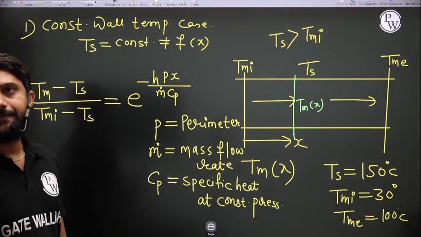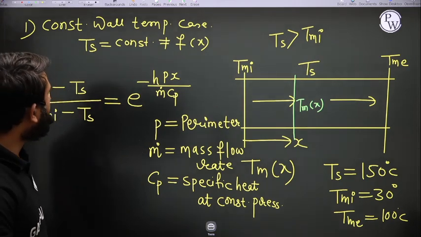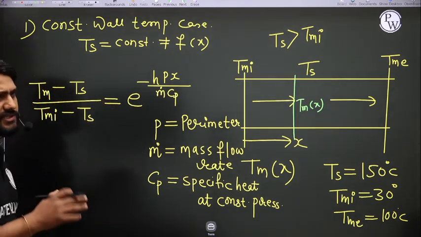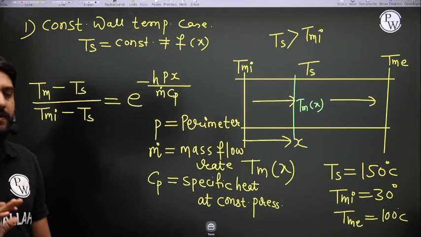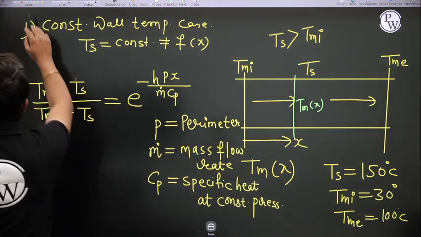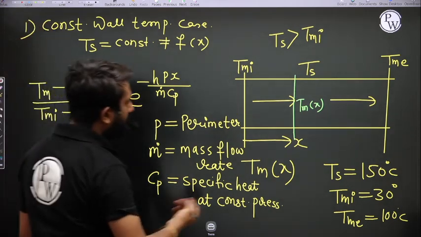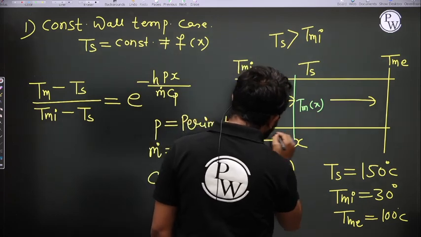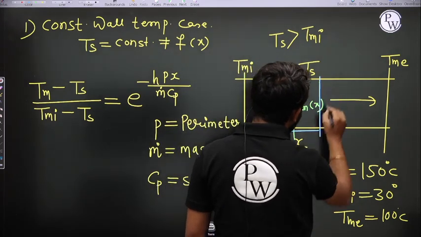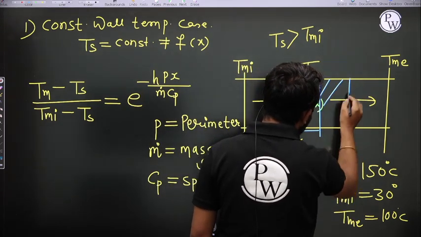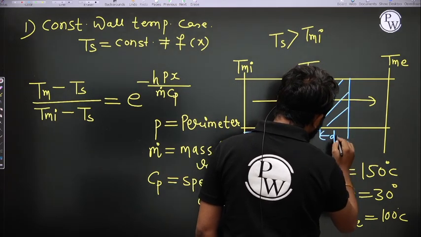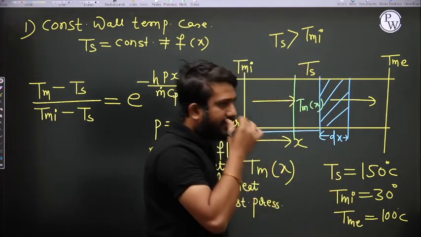Is it clear? And how are you getting this mathematical expression? This is simply from energy balance. I'm considering a small element at a distance x. This is the small element, and its thickness is dx.